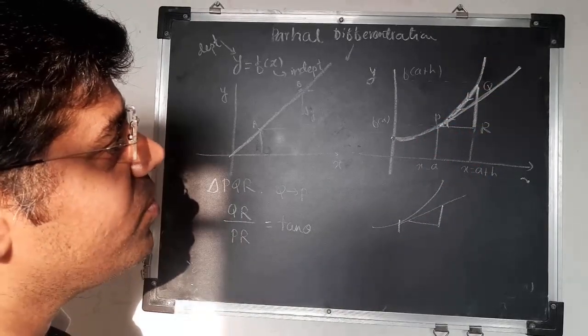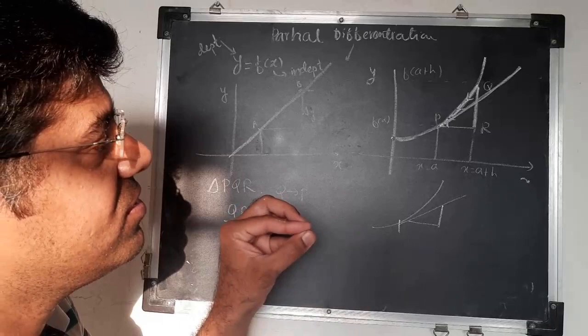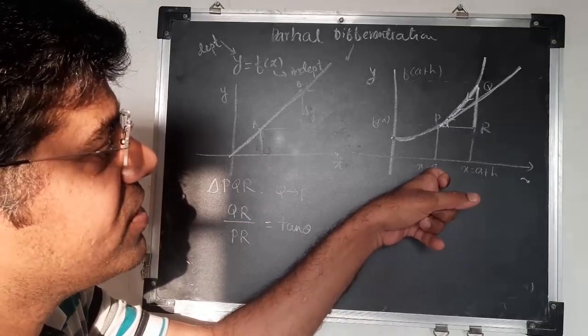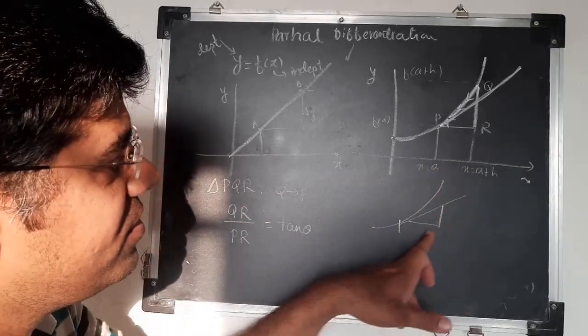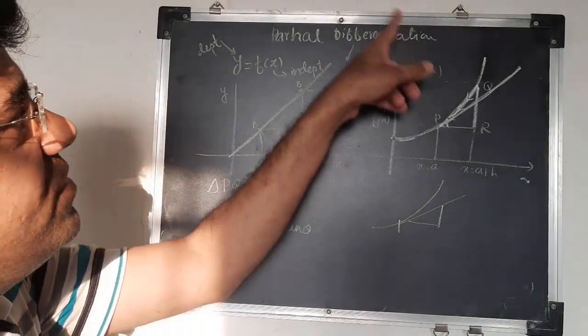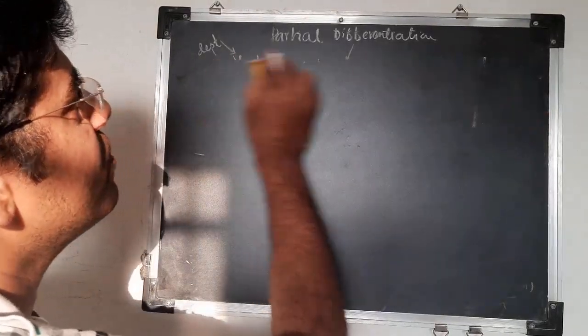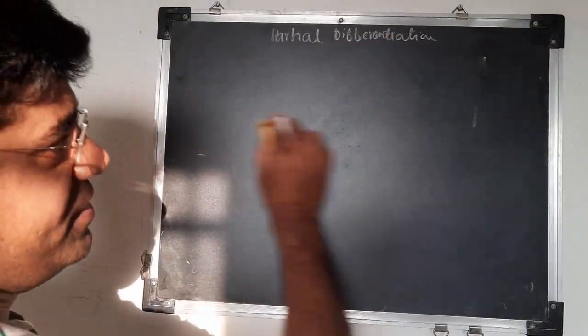you have to provide a tangent at a certain instant of points, suppose x is equal to a, and you will get this one. So basically the differentiation will find out how fast or how slow your function varies.